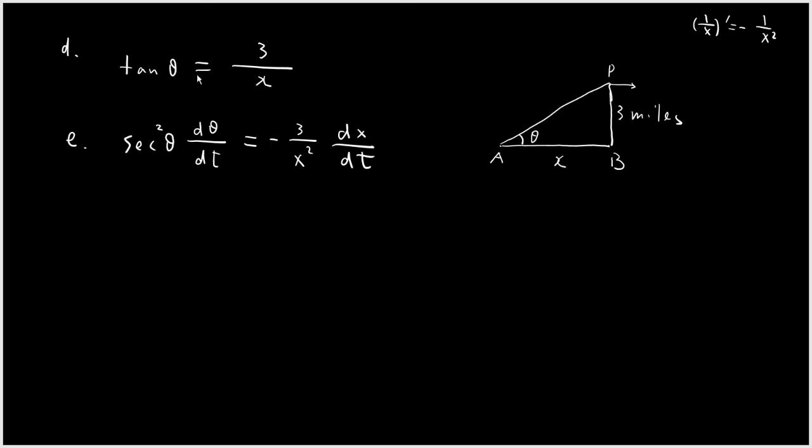Now you look at the two equations in step D and in step E. The equation in step D gives you the relation between the angle of elevation and the distance of AB, right? And after differentiating the equation with respect to time t, the equation in step E gives you a relation between the rate of change of theta and the rate of change of x, at any instant.